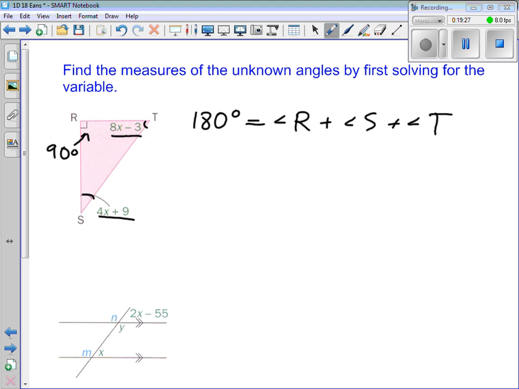These three angles, R, S, and T. Well, what do we have as expressions for these angles? Well, angle R is 90 degrees. Angle S is 4x plus 9. And angle T is 8x minus 3.